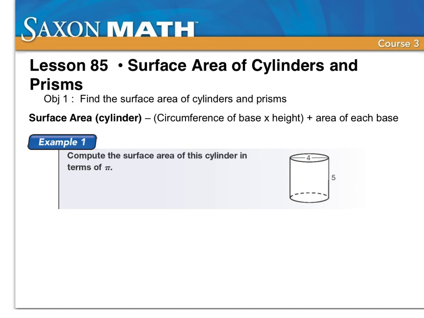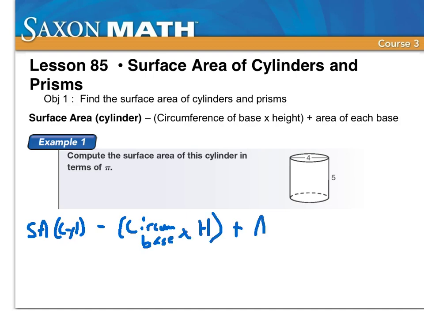So again, I'm just going to say that the surface area of a cylinder is the circumference of the base times the height plus the area of each base. Well, the circumference of a base is the circumference of the circle, which is pi times the diameter.